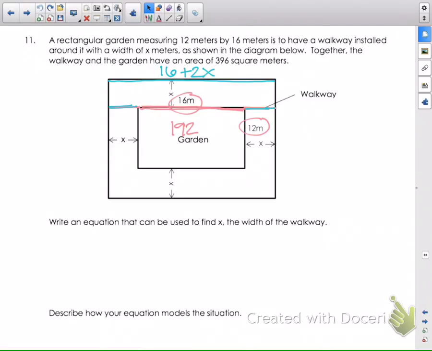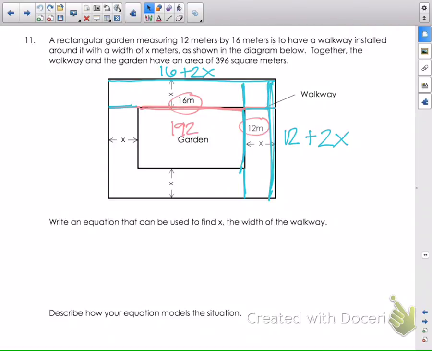2x. Now we do the same thing down the side. This part's 12. This part's x. This part's x. So total length here is 12 plus 2x, because you're going to do 12 plus an x and plus another x. Any issues with that? All right. How do I then, we just did this on our warm-up, find the area of the whole thing?